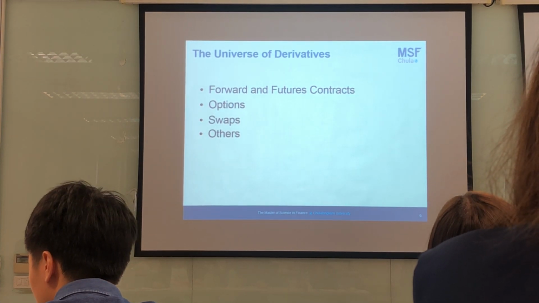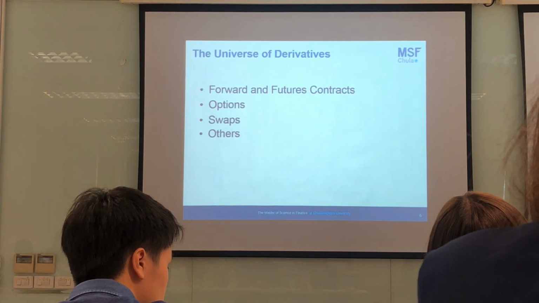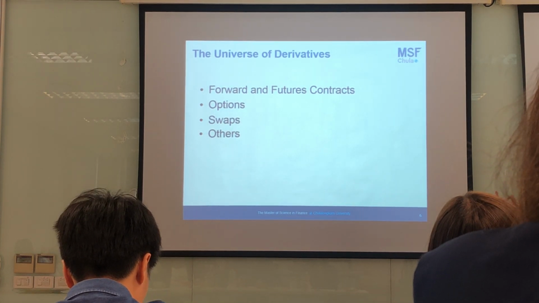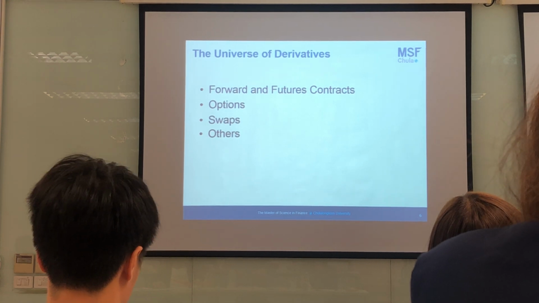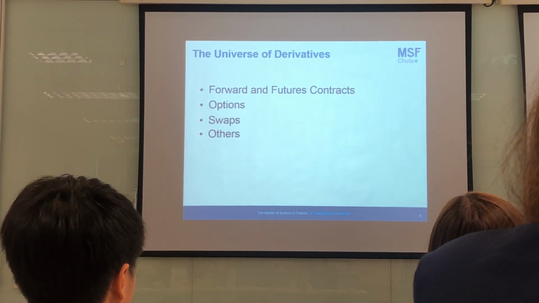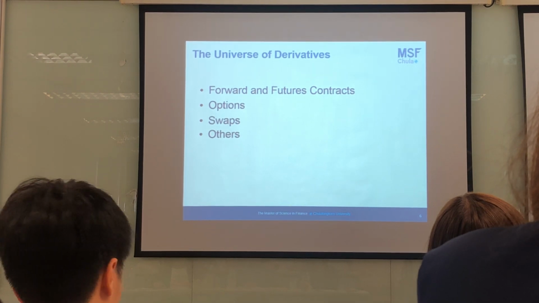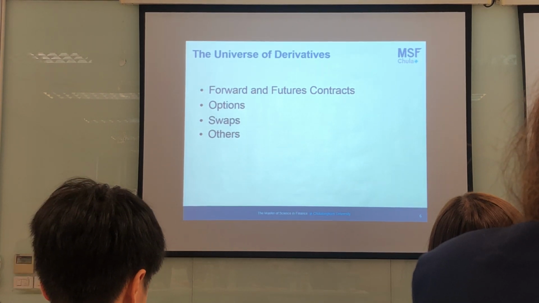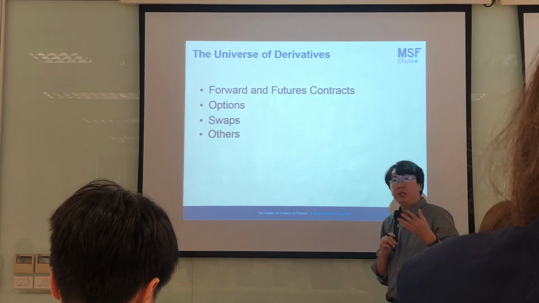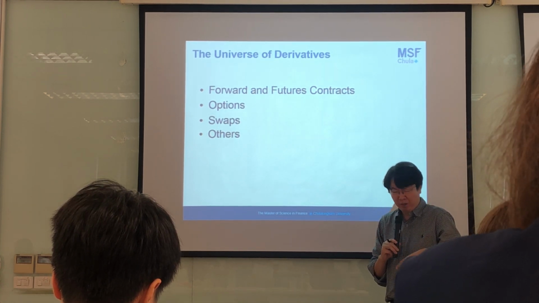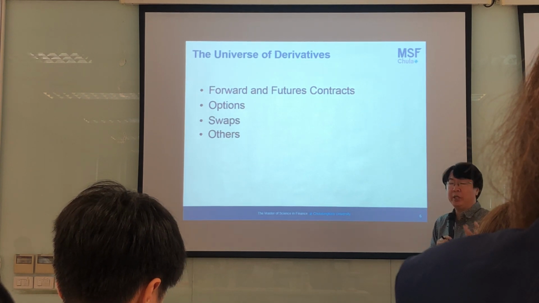Okay, types of derivatives. We can classify derivatives normally into three types, but because of the development of new derivatives, right now we may have some very new types, like you may have heard about CDO and CDS, credit default swap and collateralized debt obligation.